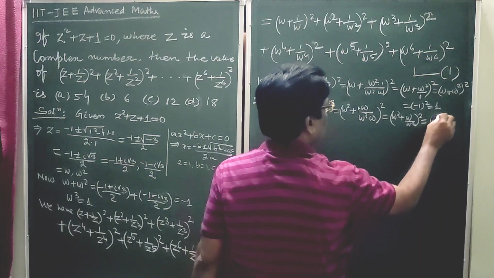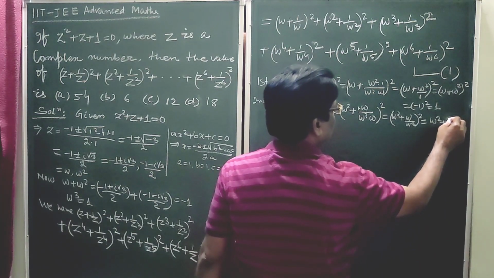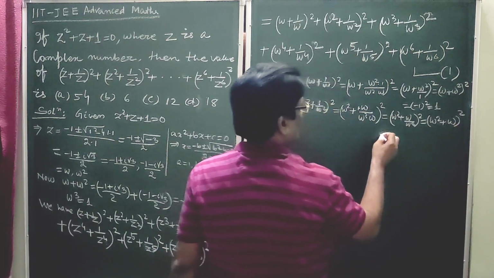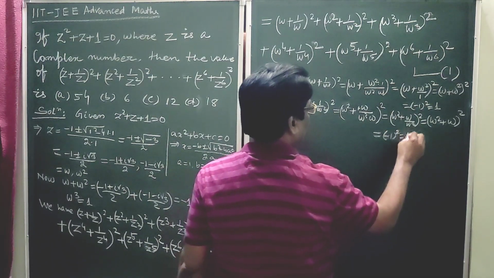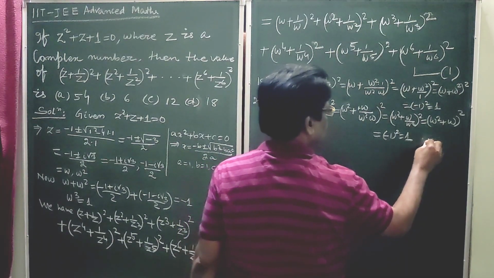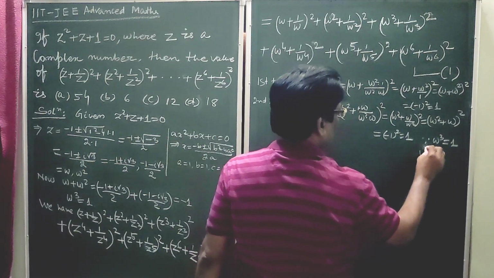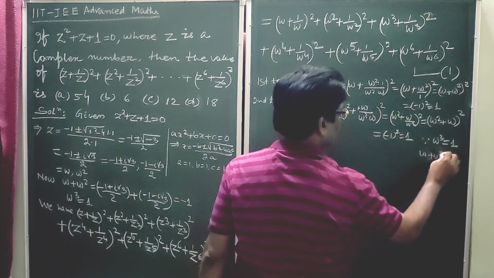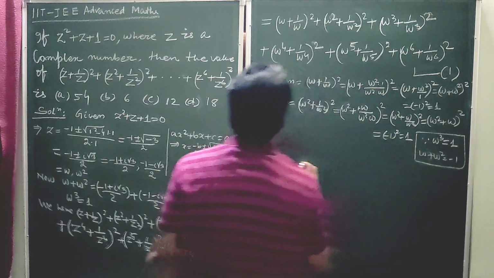Omega cube is 1, so this will be omega square plus omega, which is minus 1 square is equal to 1. Since omega cube is equal to 1, omega plus omega square is equal to minus 1.